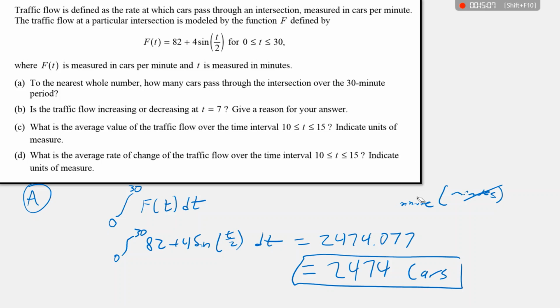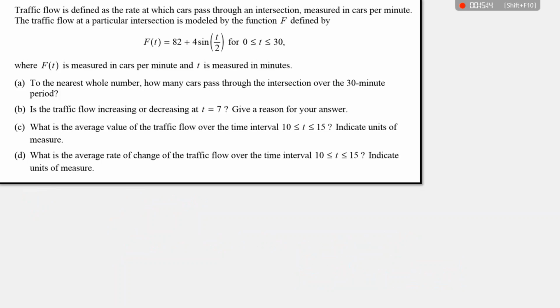Okay, any questions on what we did? No. Then for part B, I want to know whether the traffic flow is increasing or decreasing at t equals 7 and give a reason for it. Oliver, what do I have to do? Find the slope.